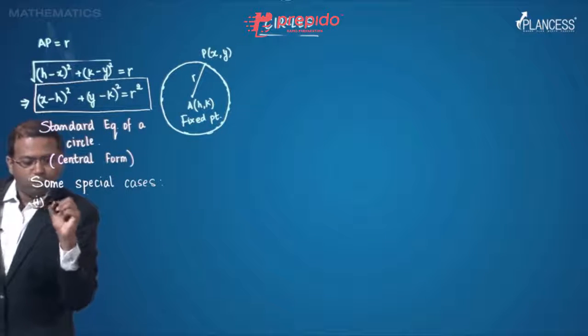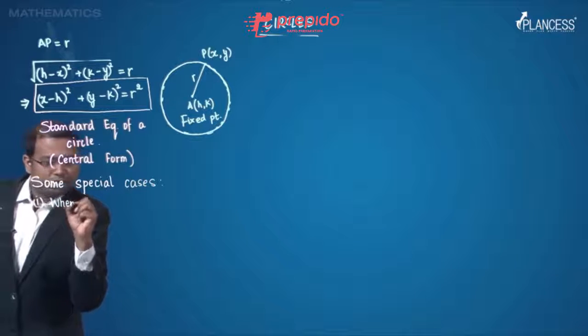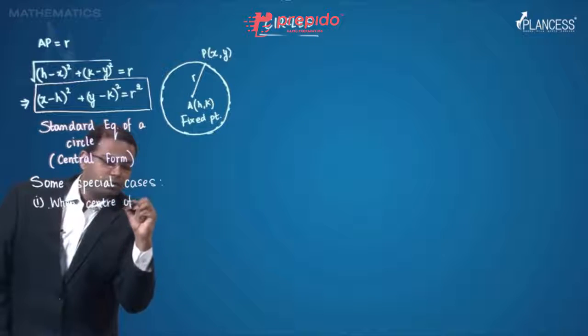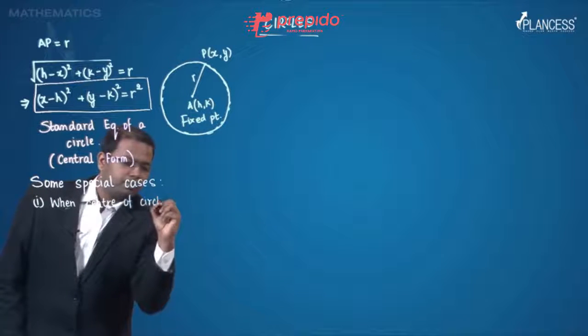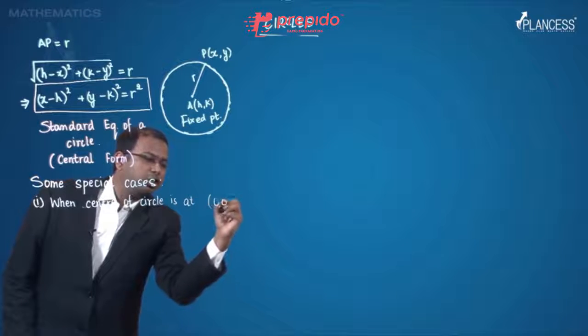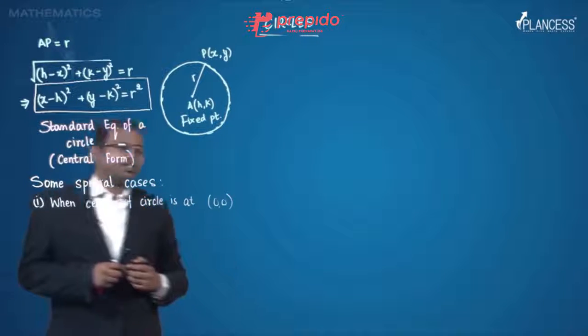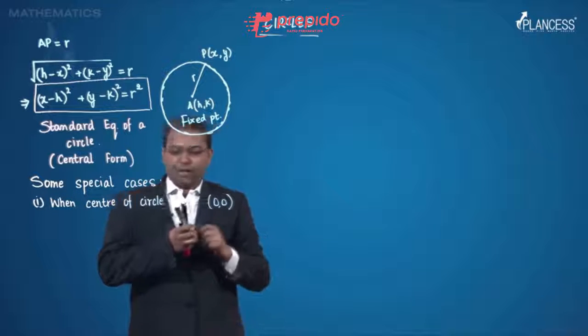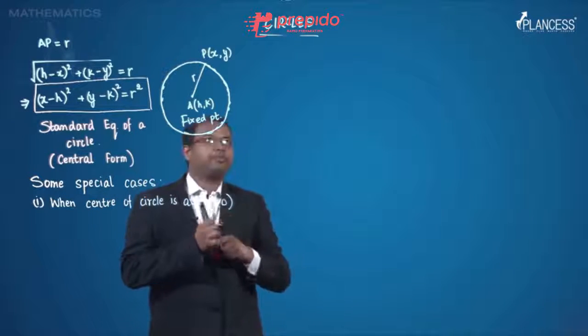Number 1, when the center of the circle is at 0, 0, which is the origin. So let me just draw a line over here.